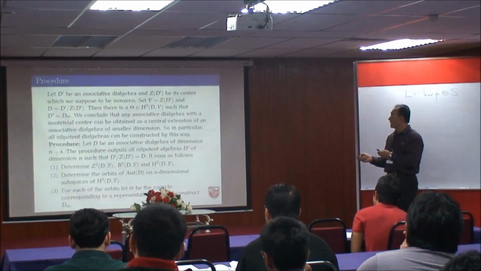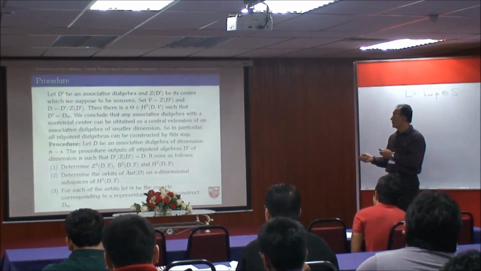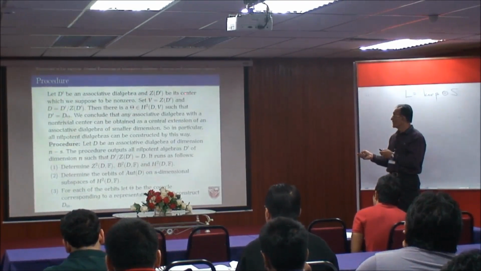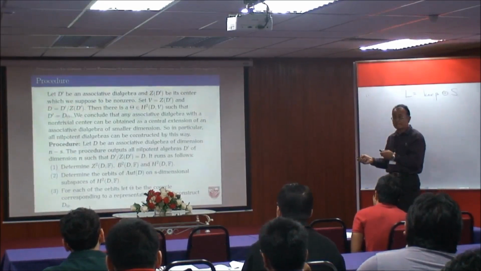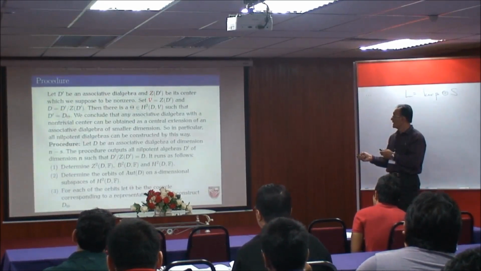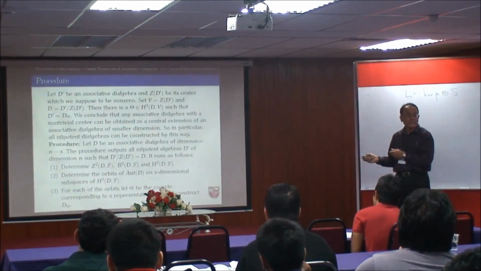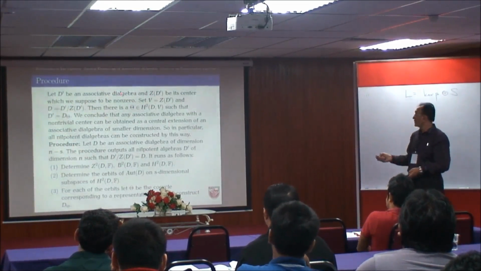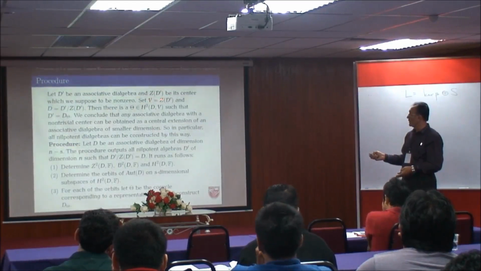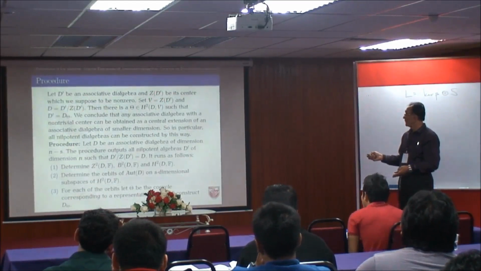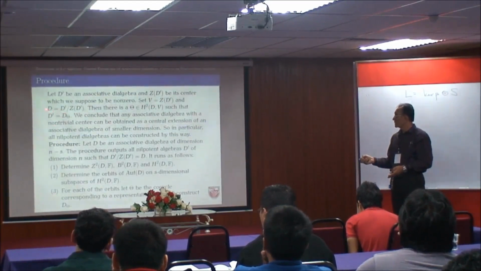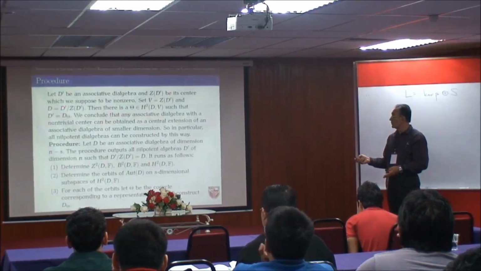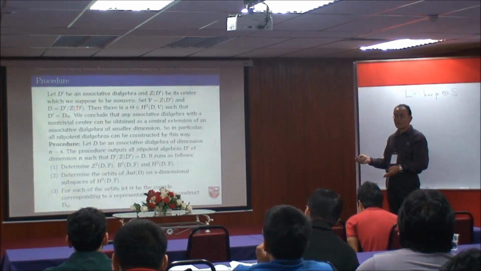If I consider a diassociative dialgebra D prime, if its center is not trivial, then I will take that center as V. In the center, all products will be 0. So that's why I can take V as the center of that algebra. Then, of course, I can consider D, which is D prime over Z(D prime).